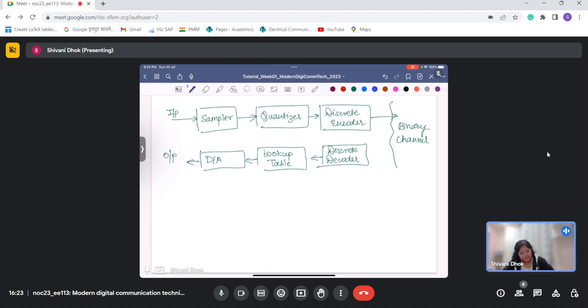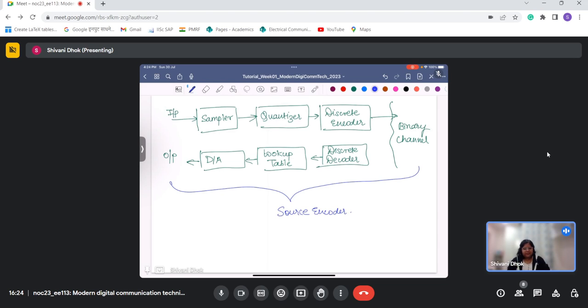So this entire thing that is here was for the source encoder. So this is layering, where we are dividing that source encoder into smaller parts.